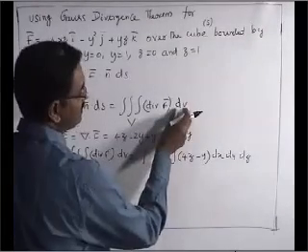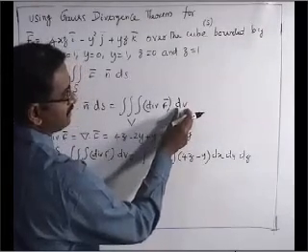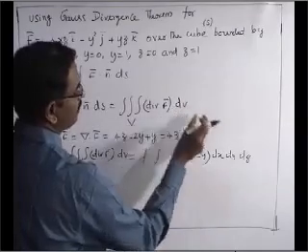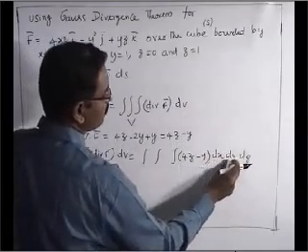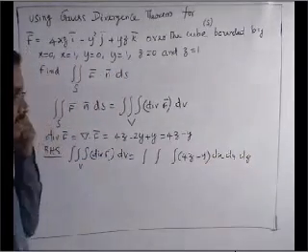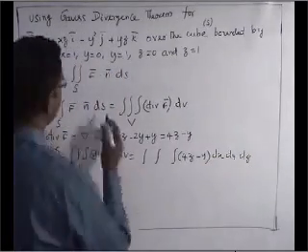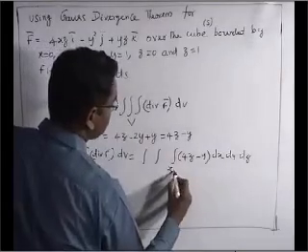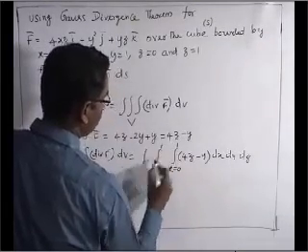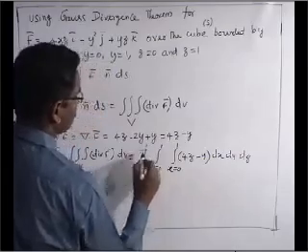This is a small volume, can be found out by a small length into the small breadth into the small height. So this is your dx into dy into dz. The limits for x is 0 to 1 and y is 0 to 1 and z is 0 to 1.